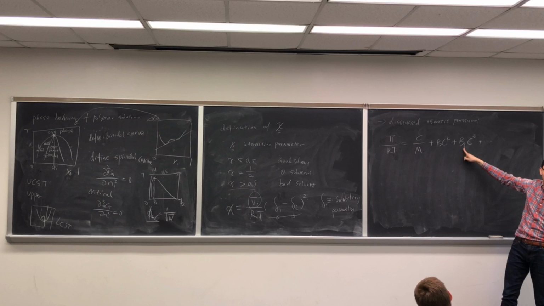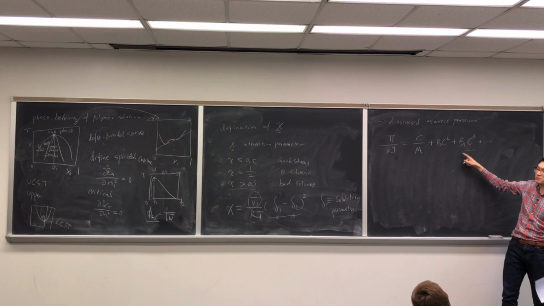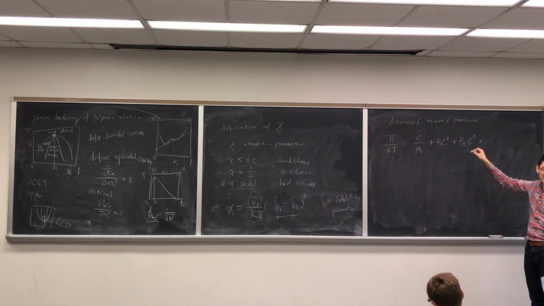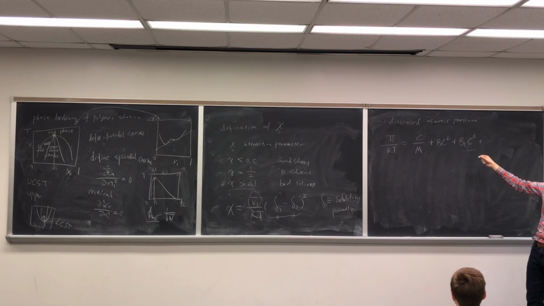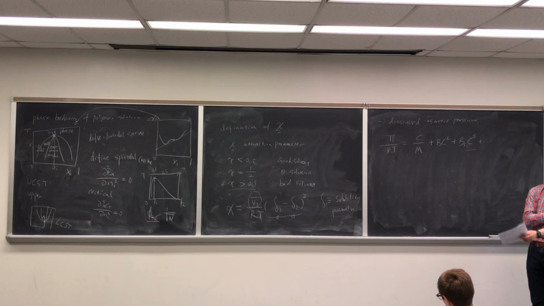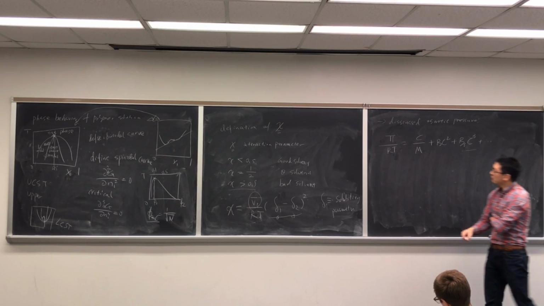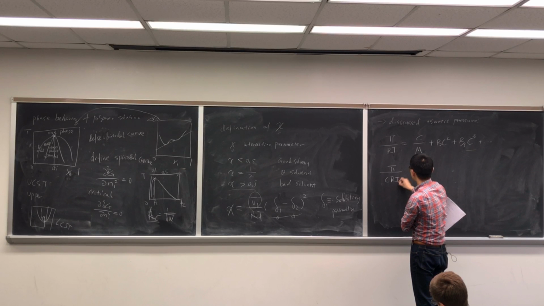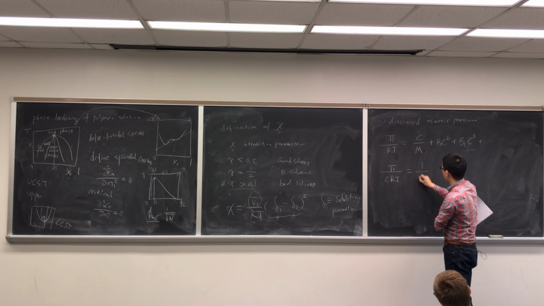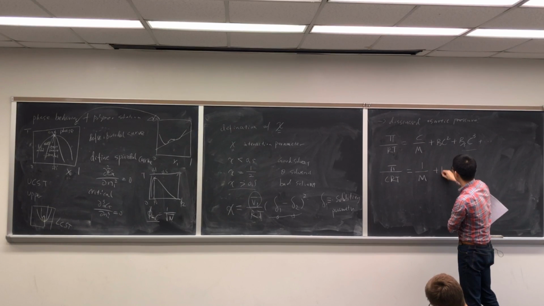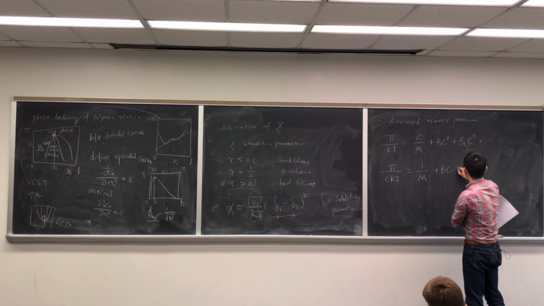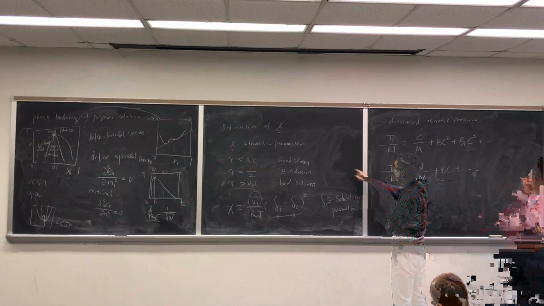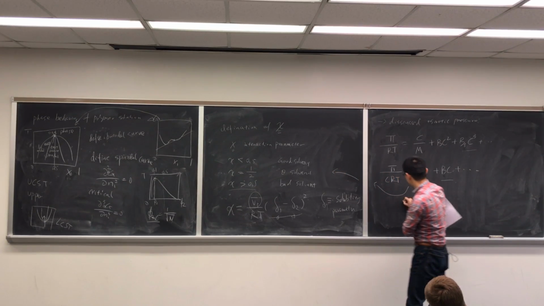Most textbooks actually omit this part because it's already small enough. Okay, in a dilute solution, C is very tiny, so C to the power of 3 is very tiny. And we learned, and we also did it in the homework, that the osmotic pressure divided by RT will be a direct way to tell you what the number average molecular weight is.